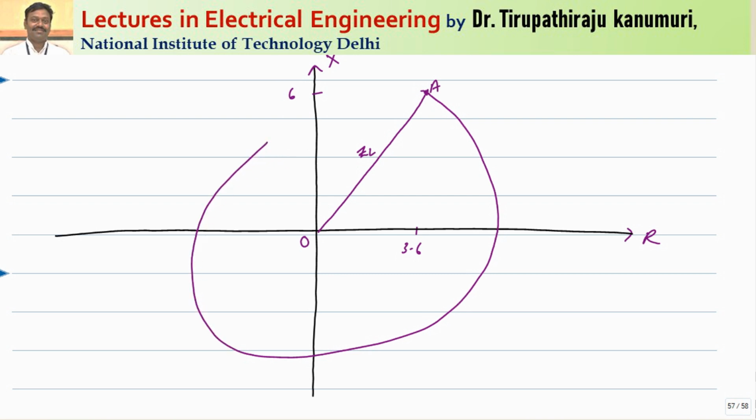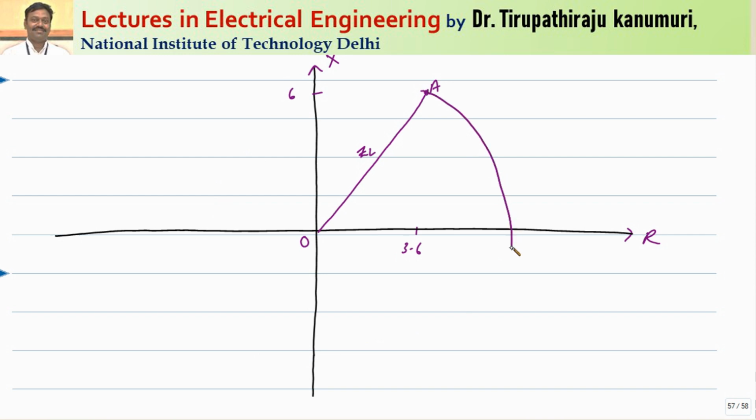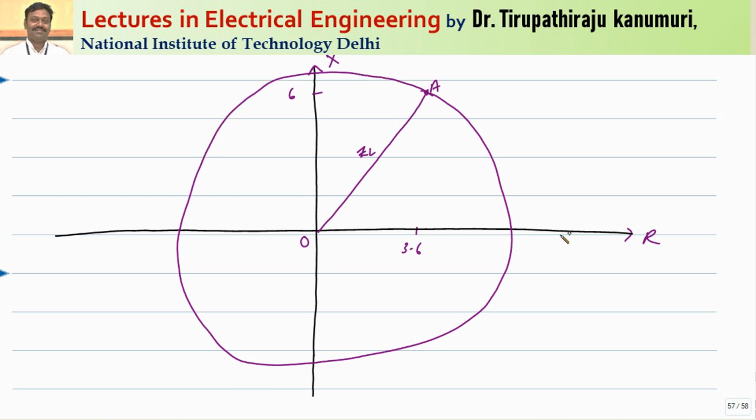I was not able to draw properly, but some circle should come like this. Getting this one? What is the radius of this circle? The radius of this circle will be equal to ZL. So this is the characteristic for the impedance relay.